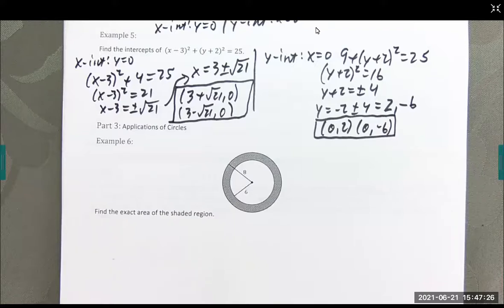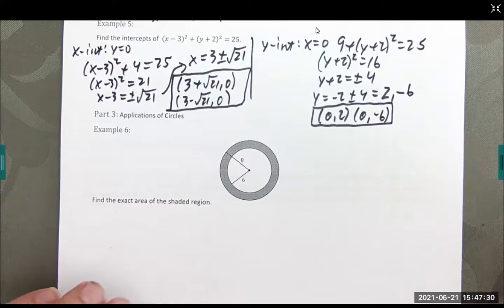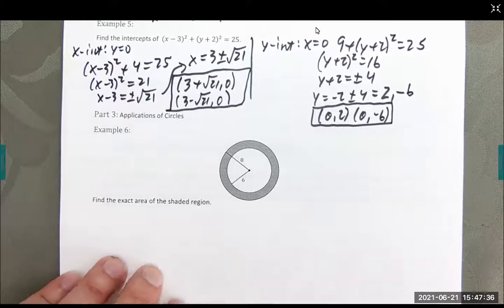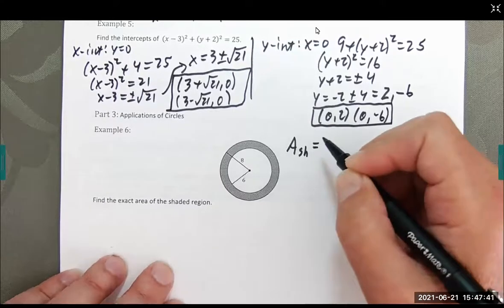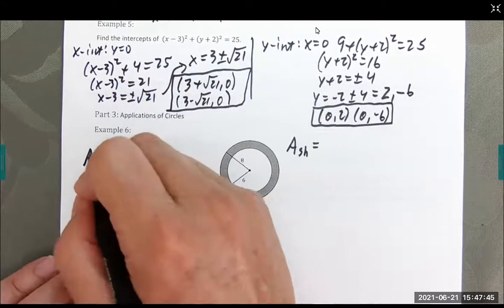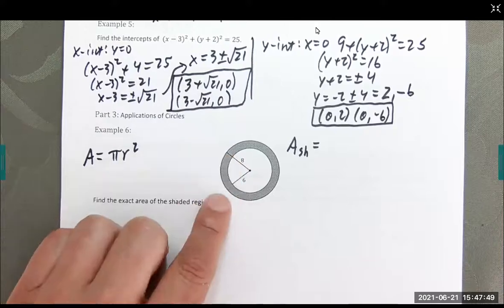Last part, find the exact area of the shaded region. So all we're going to do is take the outer circle, find its area, and then subtract out the inner circle area. So area of the shaded is going to be, and remember the area of a circle is pi r squared. And we have 2 different r's in this case, which is fine.